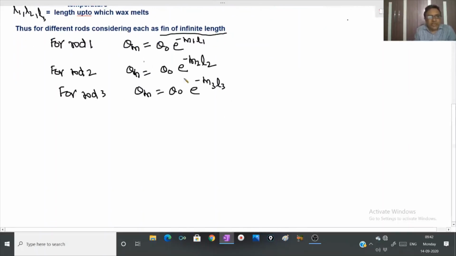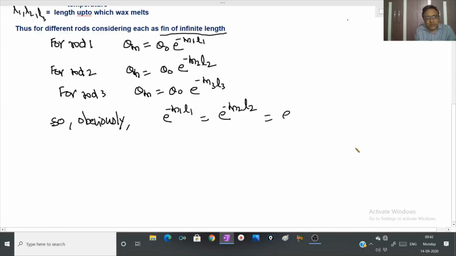Now from here, it is quite obvious if you see all these three equations, e to the power minus m1 L1 will be equal to e to the power minus m2 L2 is equal to e to the power minus m3 L3.